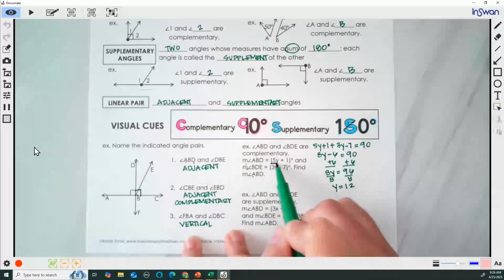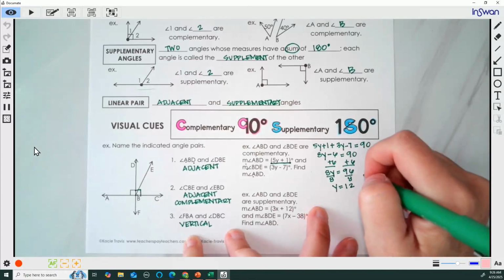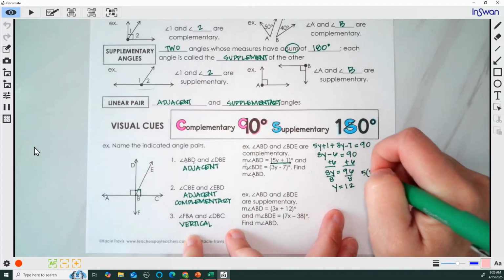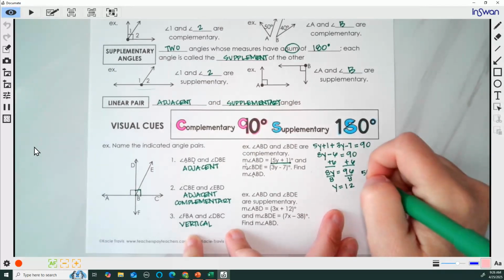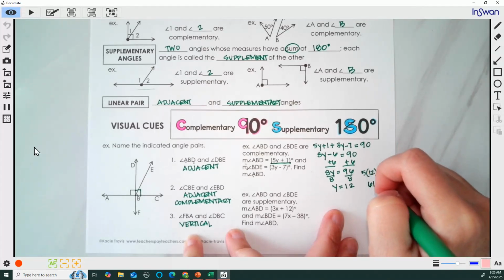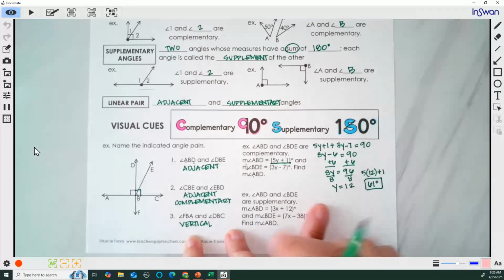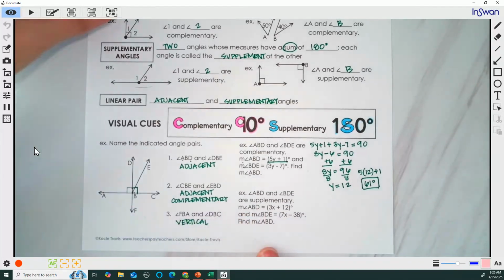That's this one. So I'm going to substitute y back in. 5 times 12 is 60, plus 1. The measure of angle ABD is 61 degrees.